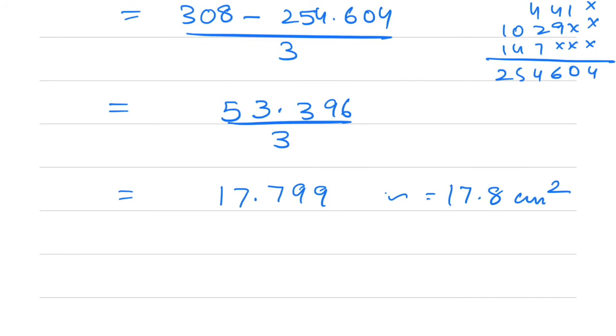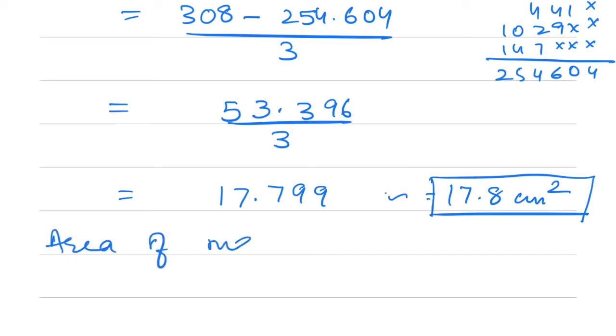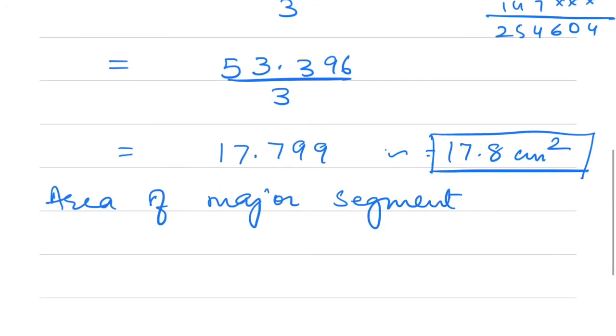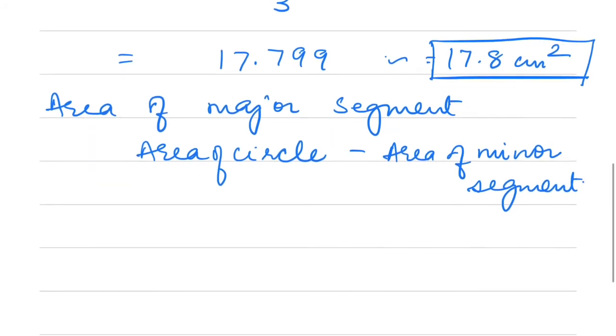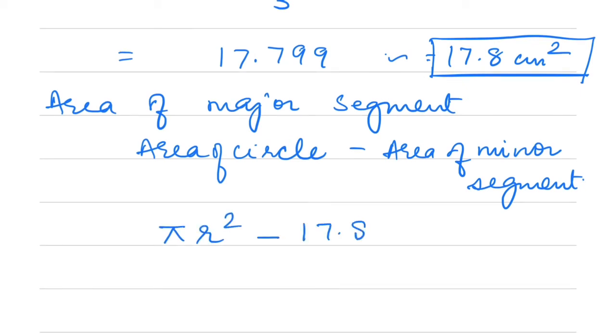Now this is the area of minor segment. Now the area of major segment will be equal to area of circle minus area of minor segment. We have already found out the area of minor segment. Here I can write pi r square minus 17.8.